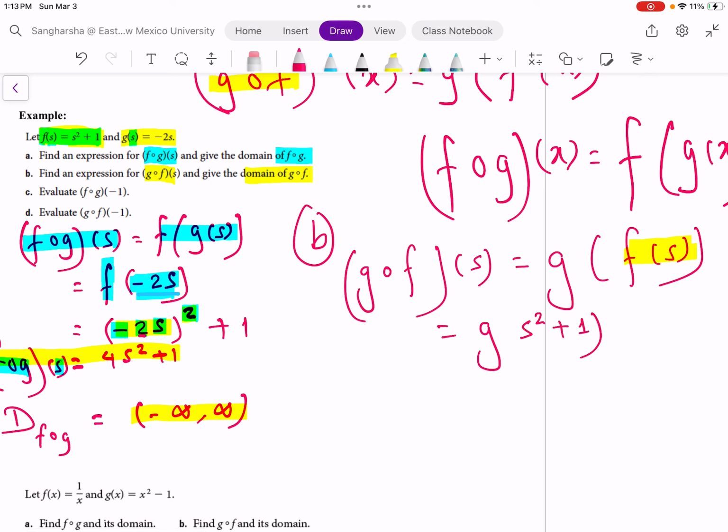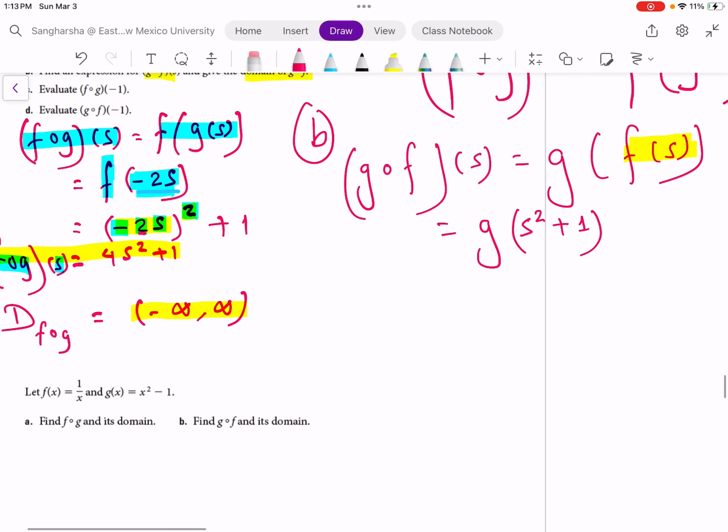Now we need to find g of s squared plus 1. In this case, our input for the g function is s squared plus 1, and we want to know the output.